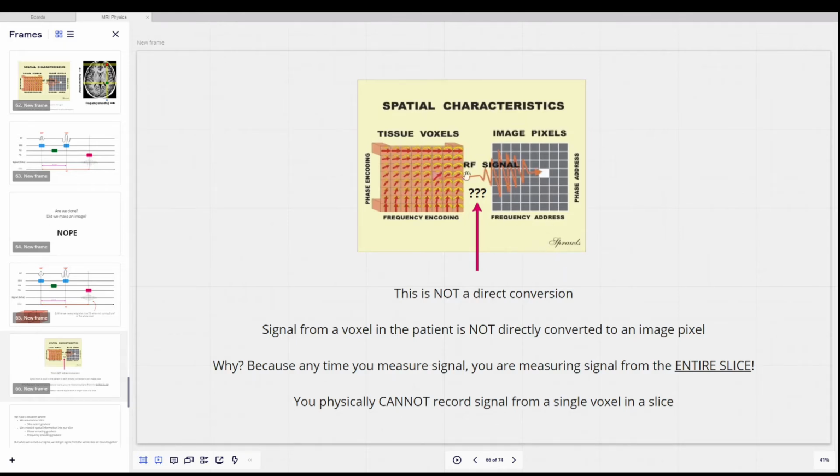No, that's not what happens. It's not a direct conversion. Signal from one particular voxel in the patient does not get directly converted into an image pixel.